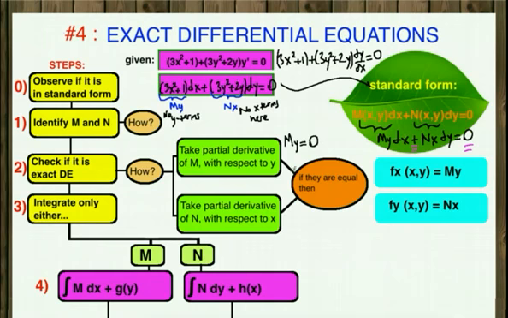So Nx is equal to 0. Since My is equal to Nx, this checks, and our function is an exact differential equation. So we can go back and continue with step 3.